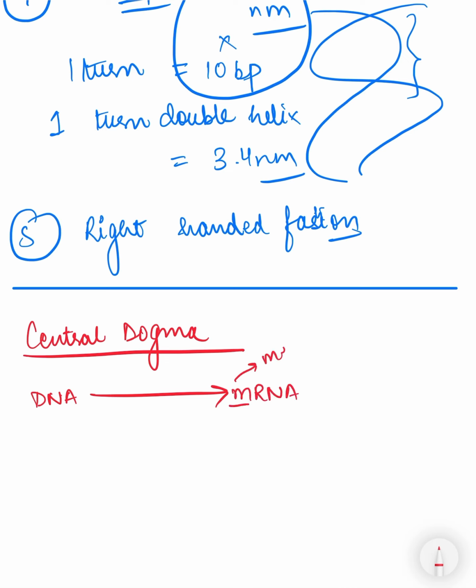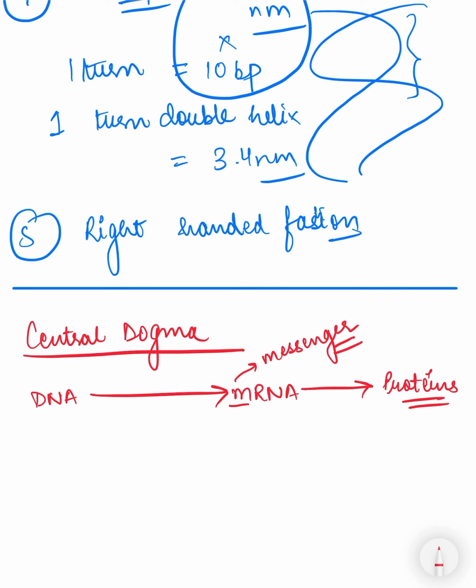M stands here for messenger RNA. A messenger transfers the information from one form to another, right? From mRNA, we can make proteins. This is what the central dogma states.